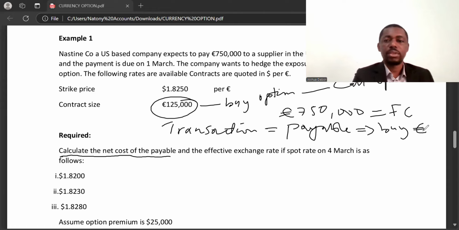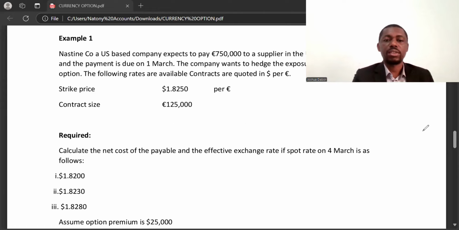Now the company is buying at 1.8250. So it's a call option. Therefore, the company is buying at this amount. If you open by buying, you are going to close by selling.